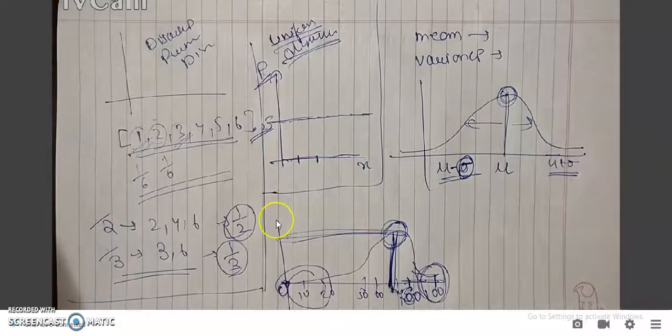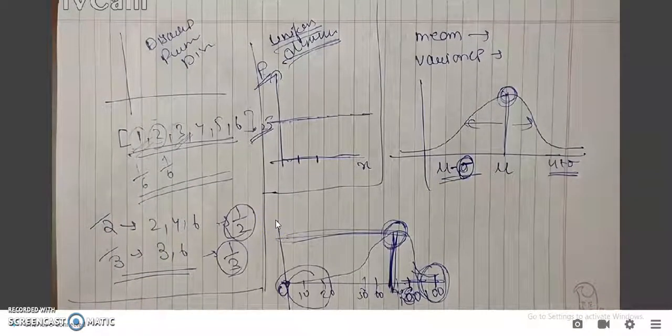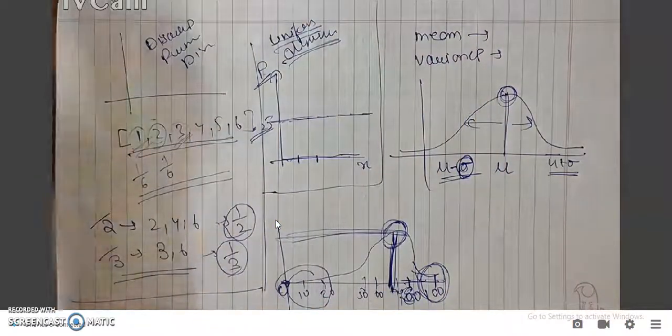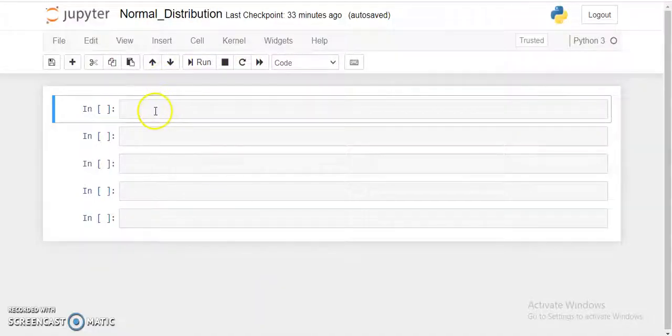Now let's see this thing practically by plotting on a histogram. Suppose I'll be taking normal distribution data and plotting it on a histogram. Let's see whether it comes in the bell shape curve or not.